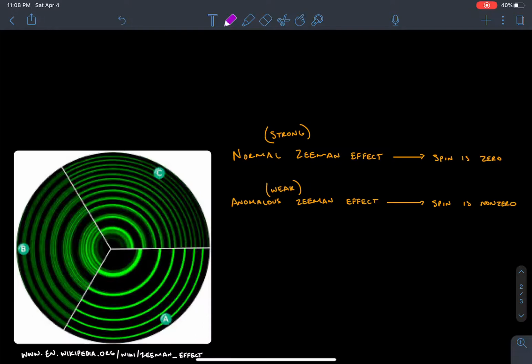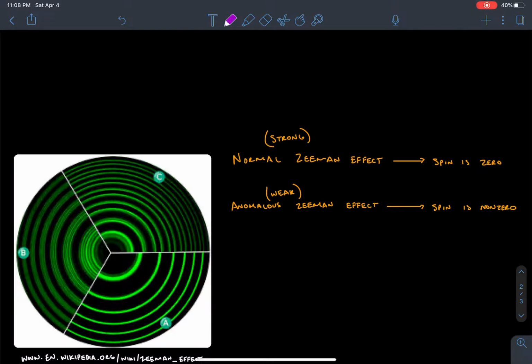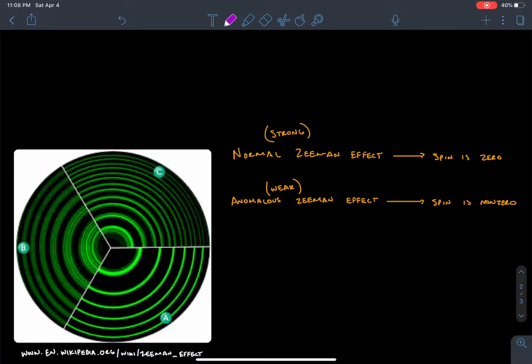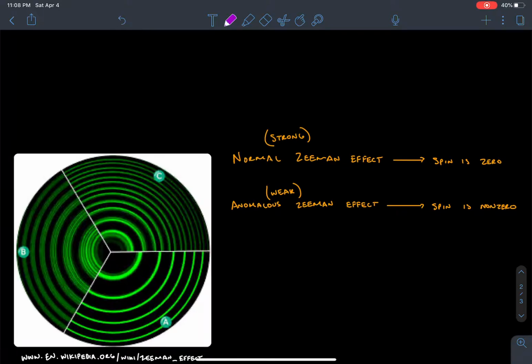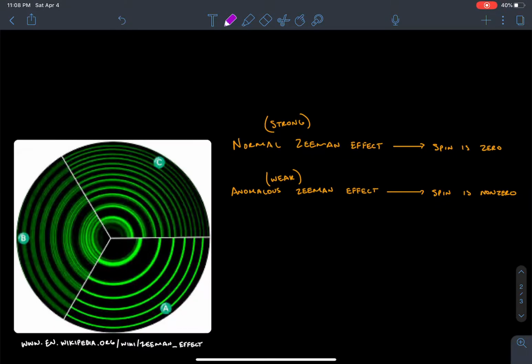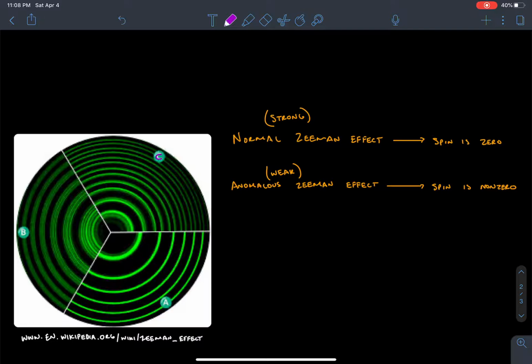I won't go into too much detail about this because it's a little bit more advanced, but the normal Zeeman effect is whenever you have a strong magnetic field and you actually say that the spin of the electron is 0. And that's represented here with C, and you see a lot more defined spectral lines, and it's a little bit more specific to those original quantum levels.